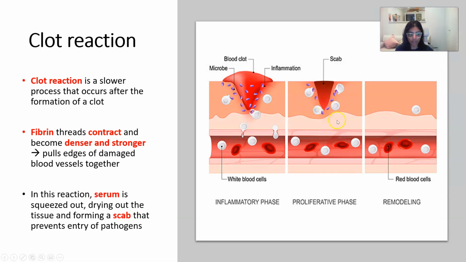So this is part of the liquid that bathes your tissues, and it is squeezed out of this clot site, and it forms this dry tissue called a scab. And this scab actually prevents any pathogens from entering into your bloodstream and causing you any further infection.